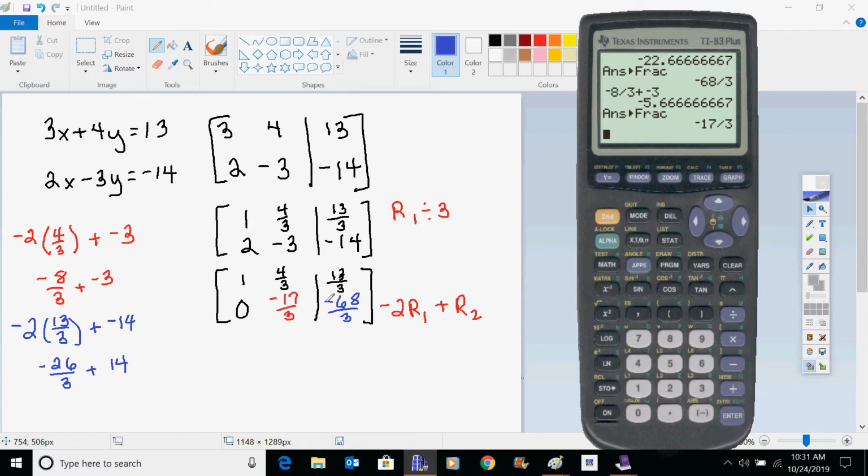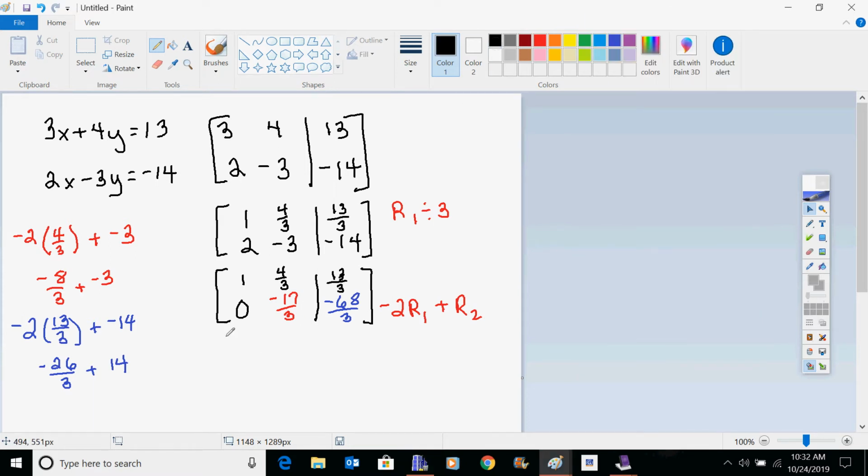All right, so we have to do something now because we need to make this into a what? Into a 1. So how do you suppose we're going to make that one into a 1? Trying to get this red one into a 1.